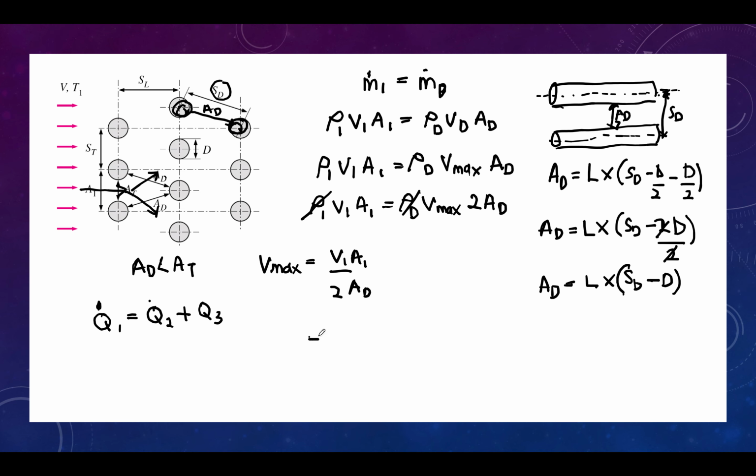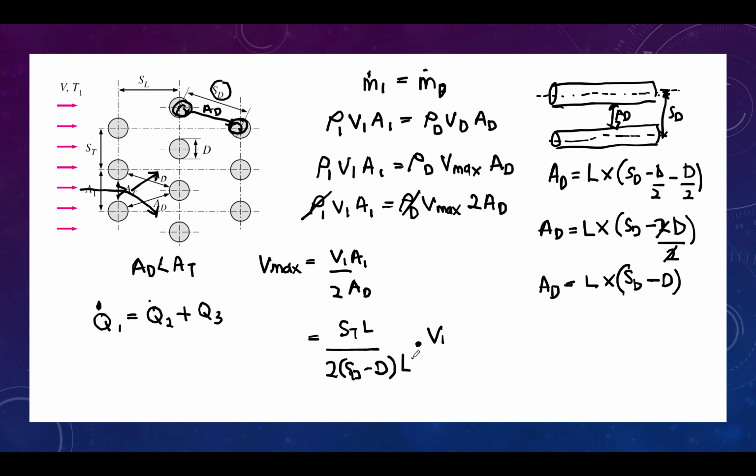Okay, so we substitute A1. A1 is ST L, divided by 2 times AD. AD is SD minus D, times L and V1.